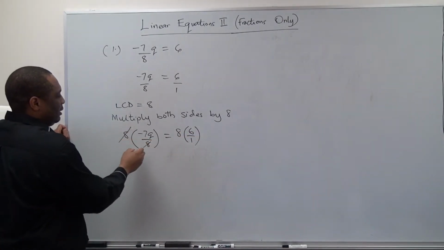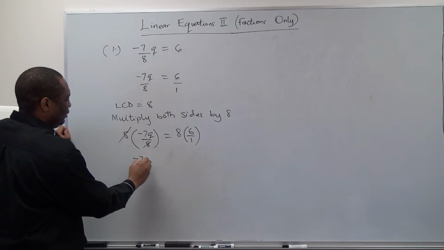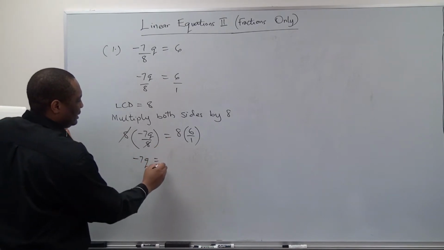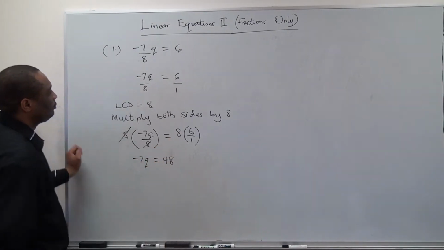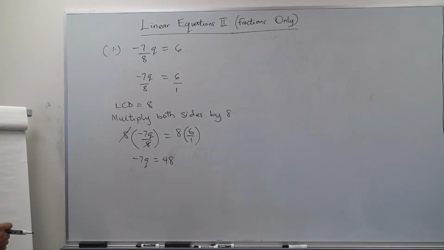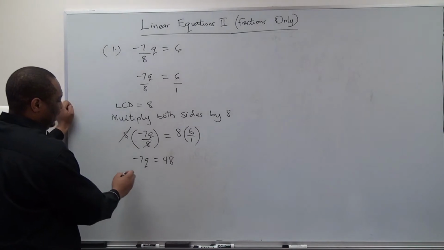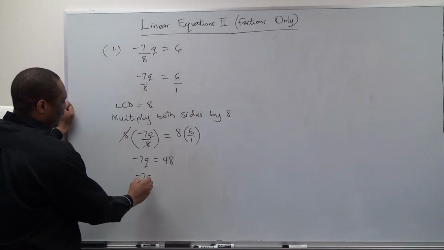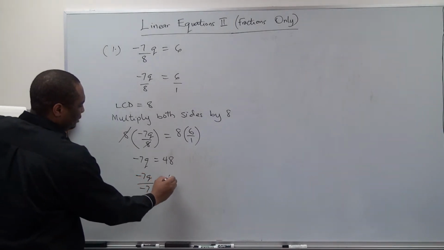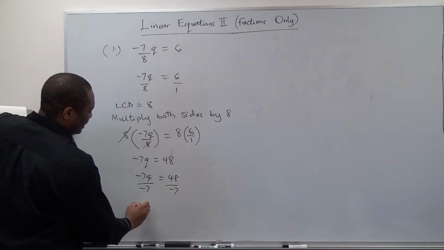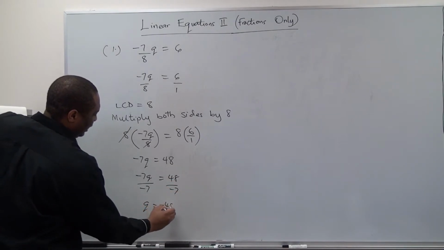Of course, 8 will cross out 8, so we have negative 7q equal to 8 times 6 is 48. So when we now have this, we divide both sides by negative 7, and that gives us that q will be negative 48 over 7.